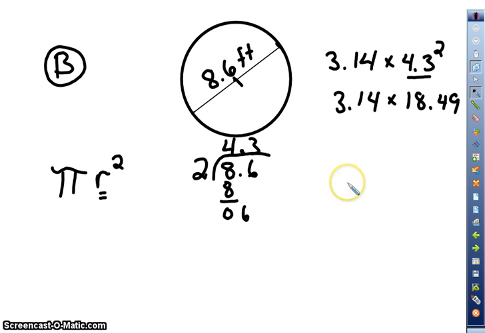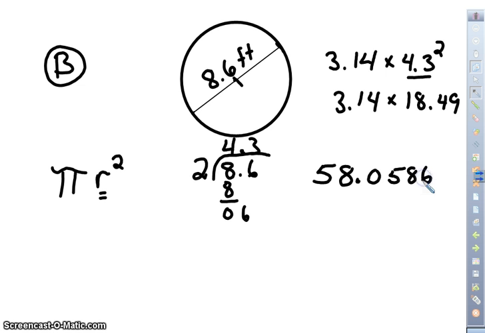That's what you're going to plug into your calculator, and then hit times 3.14, which is going to give you 58.5786. So it's a big number.